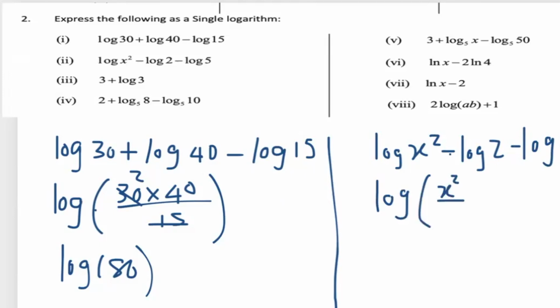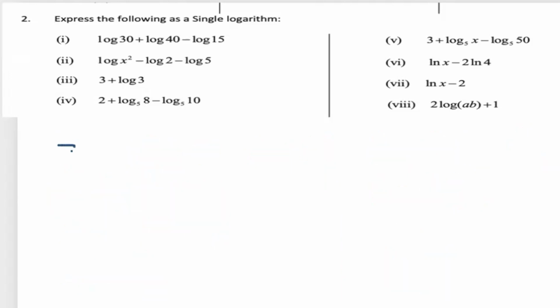But for the ones that have minus, it means divide, so I need to have them in the denominator, so I'll put 2 times 5. So therefore, I'll have log x squared over 10.